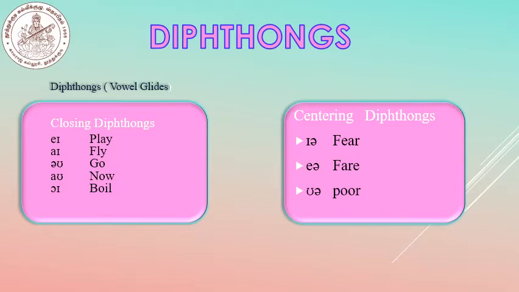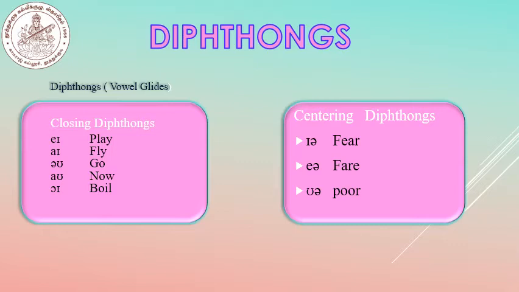The first 5 are called closing diphthongs because the tongue glides to a close vowel, that is, the beginning of the vowel, that is A as in play, I as in fly. In these two situations, the first symbol denotes the front vowel, and this may be in any part of the diagram in the three-term label, but the second goes towards the close position.